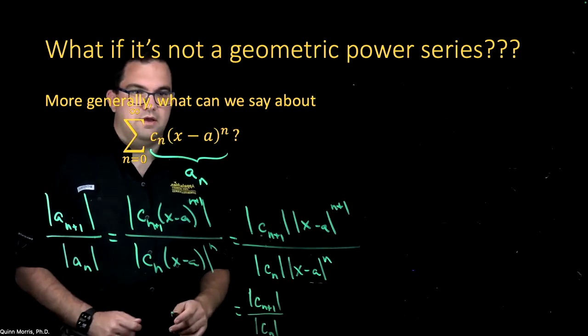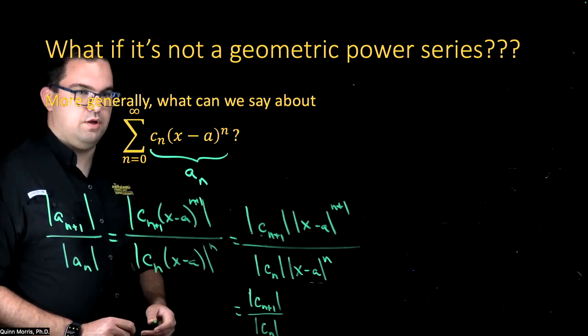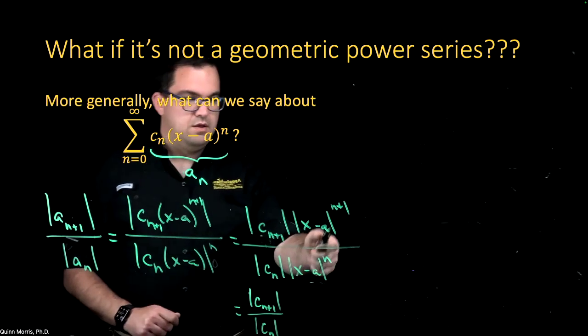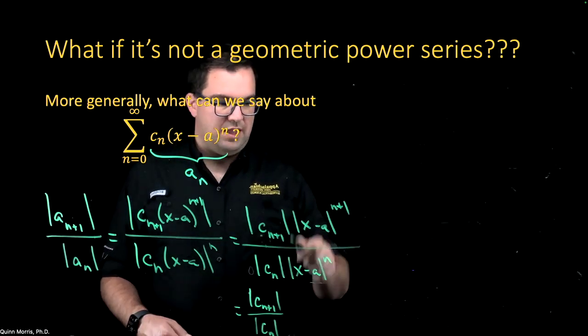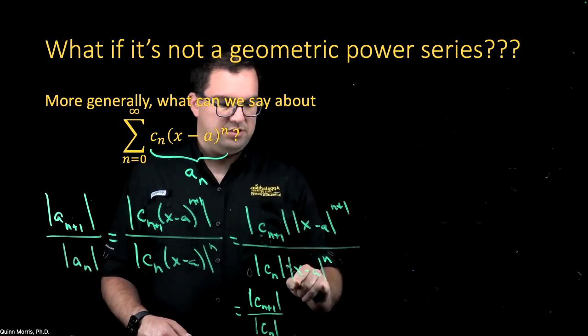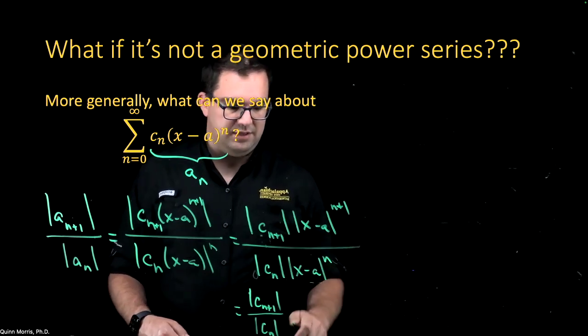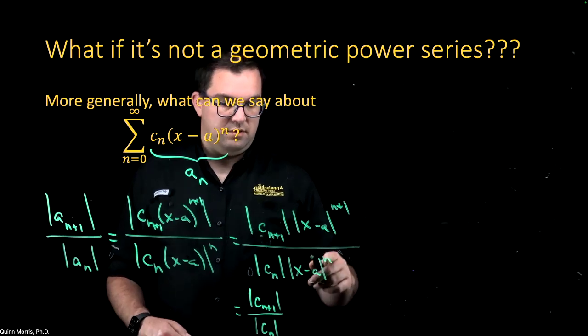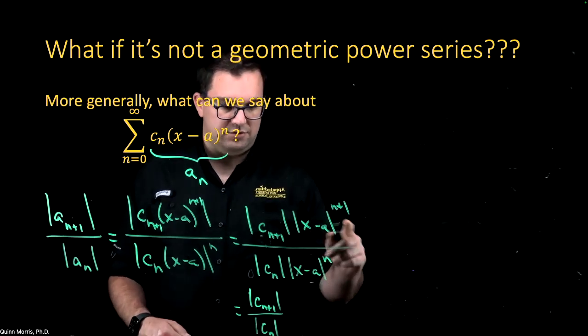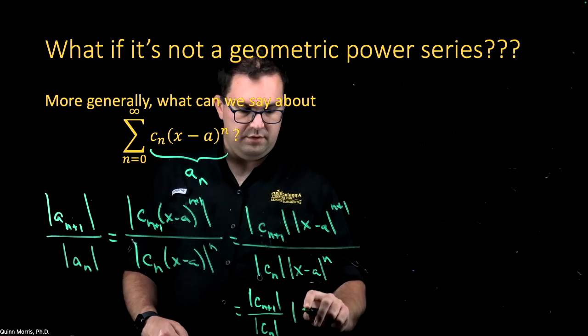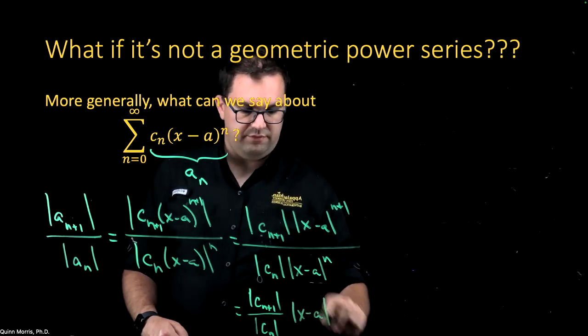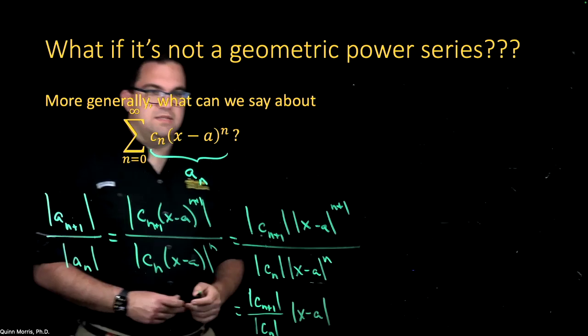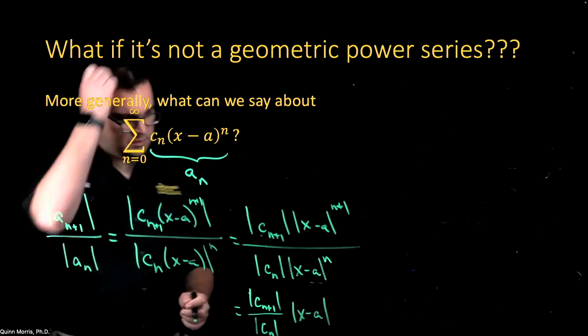And so I just get the absolute value of Cn+1 divided by the absolute value of Cn. But again, here I can simplify just like before. I've got an (x - a)^(n+1) divided by an (x - a)^n. N of these x - a's will cancel out, and I'll just be left with one by itself. Okay. And so I'll get this.